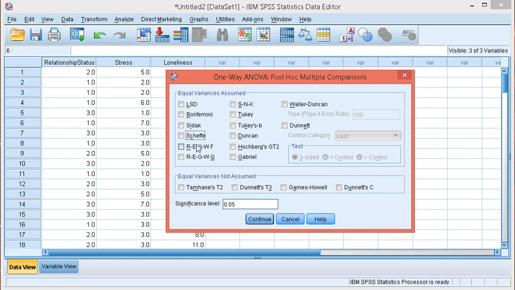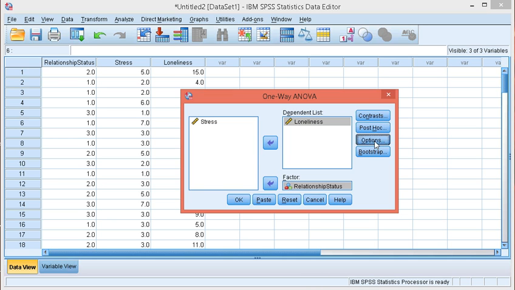Since the sample sizes in this particular situation are not equal, I have three samples of varying sizes, I'm choosing Scheffe. If you have the same sample size, maybe you can use Tukey, but for the meantime I'll just use Scheffe, which is very standard.